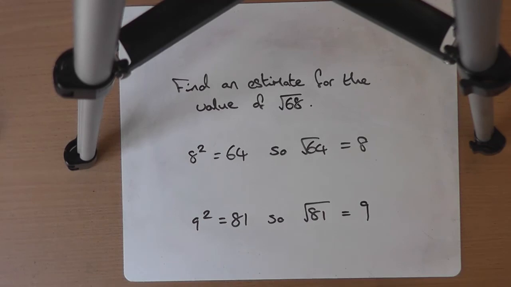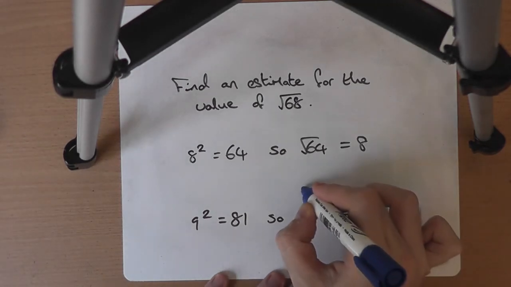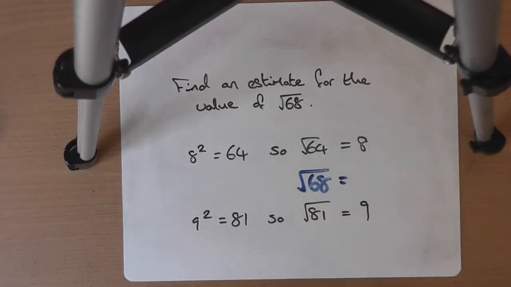Now clearly, because 68 falls between 64 and 81, the square root of 68 is going to fall between the square roots of 64 and 81 as well, which means the answer must fall between 8 and 9. Problem is, it is not good enough to say 8.5 as an answer here. Why not?